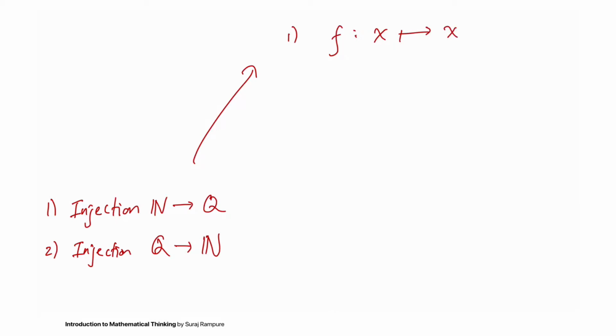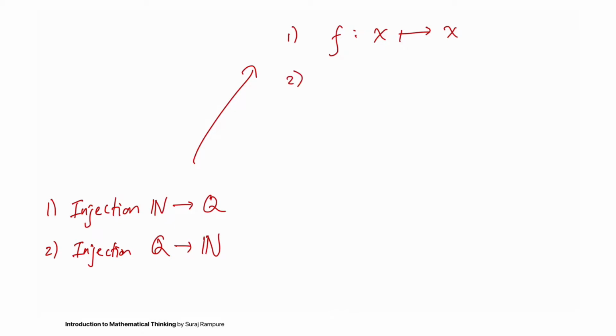This makes sense because any integer can be written as itself divided by 1, indeed, which is a rational number. So this will not map any 2 natural numbers to the same rational number, right? If A and B are 2 different natural numbers, their outputs, A and B, will just be different rational numbers, okay? So this is indeed an injection.